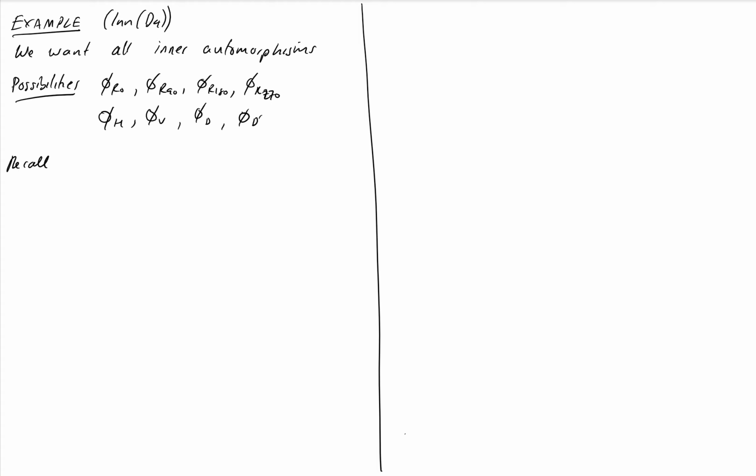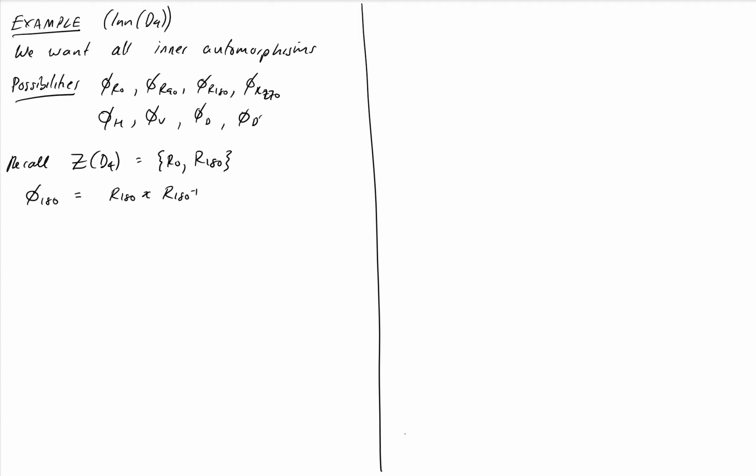So we're going to remember the center of D4. We're going to remember that that was equal to R0 and R180, and we'll see why this is important in a second. Remember the center is the elements that commute with every single thing in the group. So if we keep that in mind, and we look at, for example, phi 180, that's equal to R180 times x times R180 inverse.